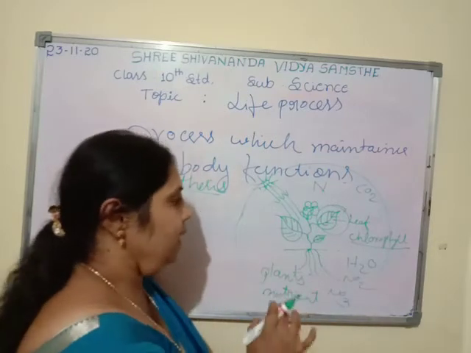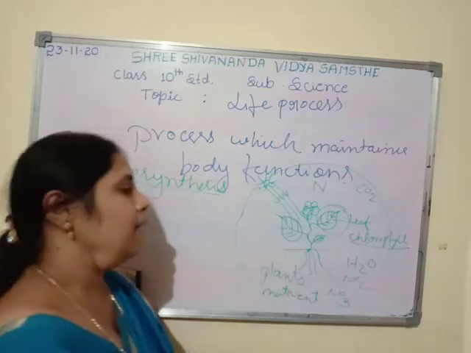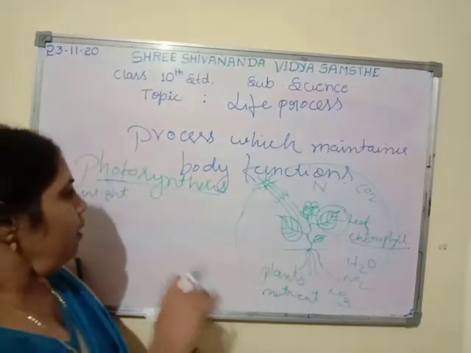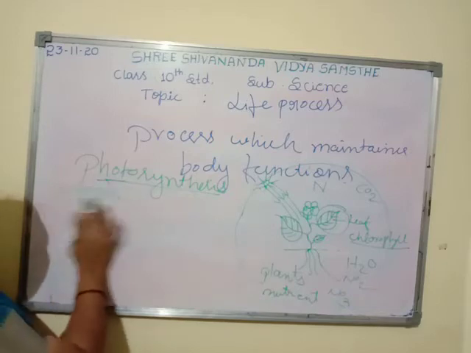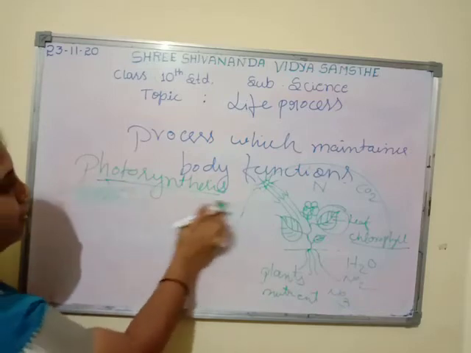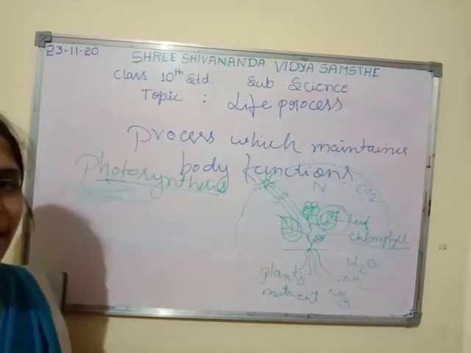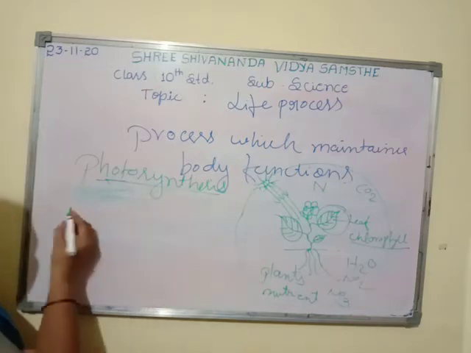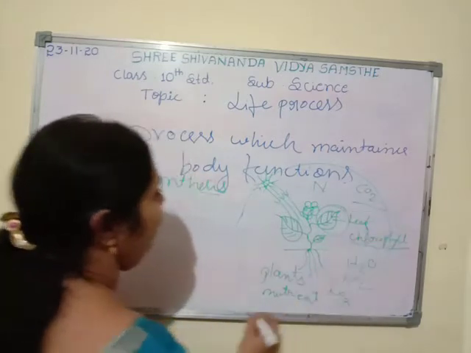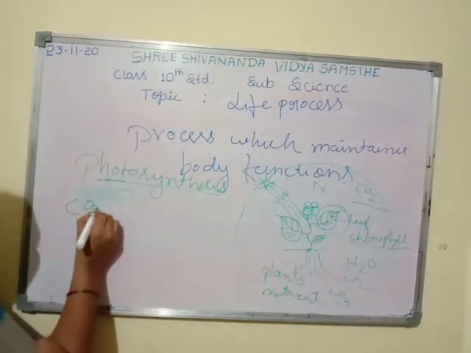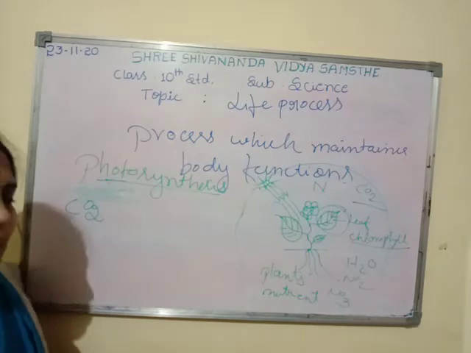Okay, let us see how plants prepare their own food, and that is through a chemical reaction. What they mainly need is carbon dioxide, CO2. How many CO2?